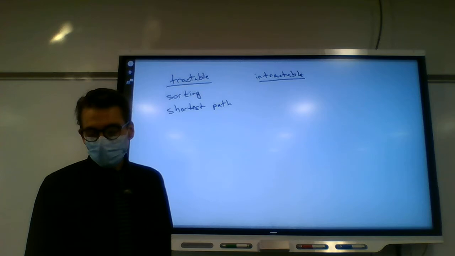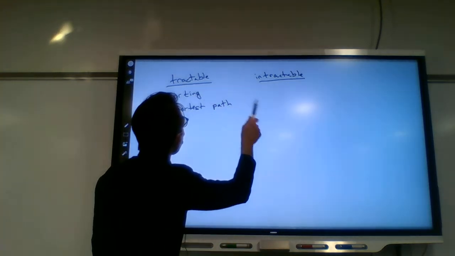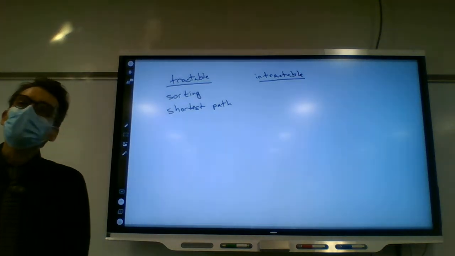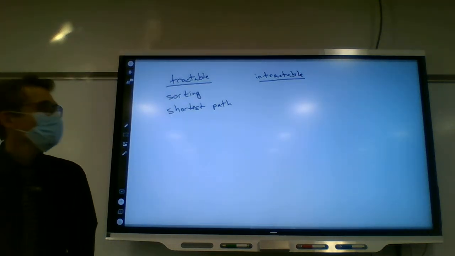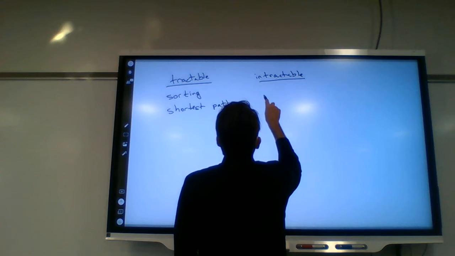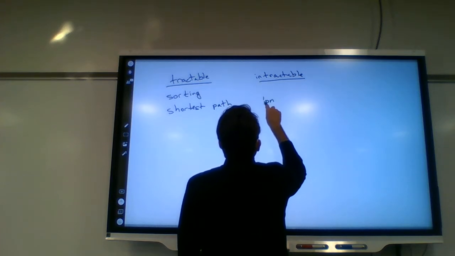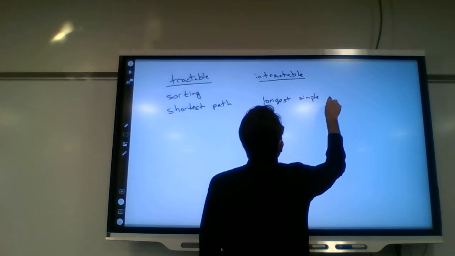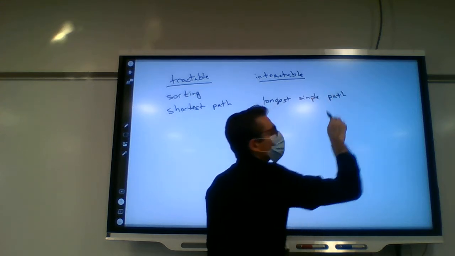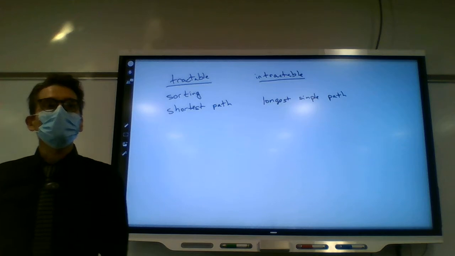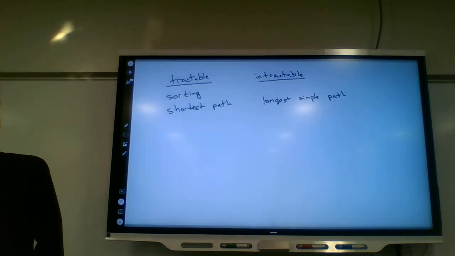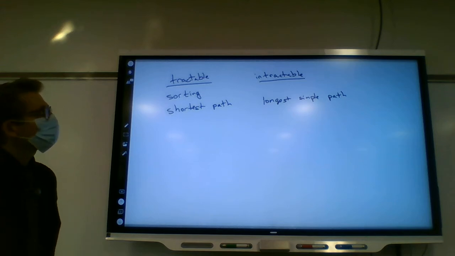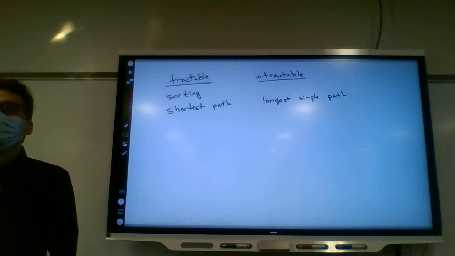A corresponding problem to shortest path that we've mentioned briefly that has something different about it. Shortest path is easy. Longest simple path is not. Or at least if it is, nobody knows how to solve it.